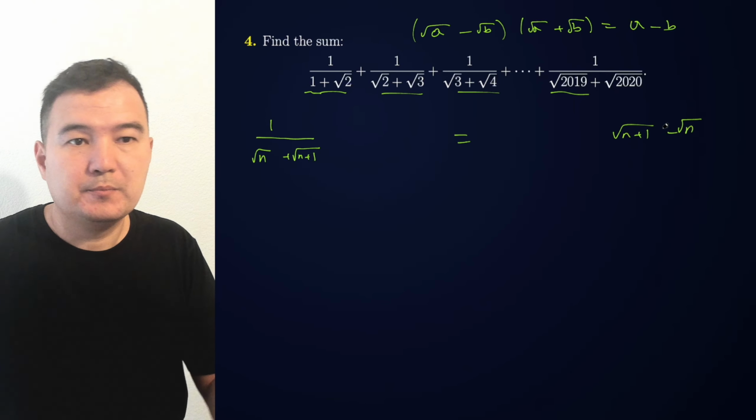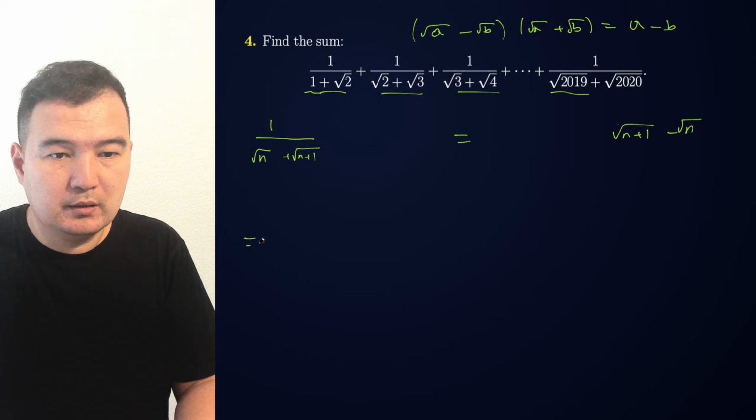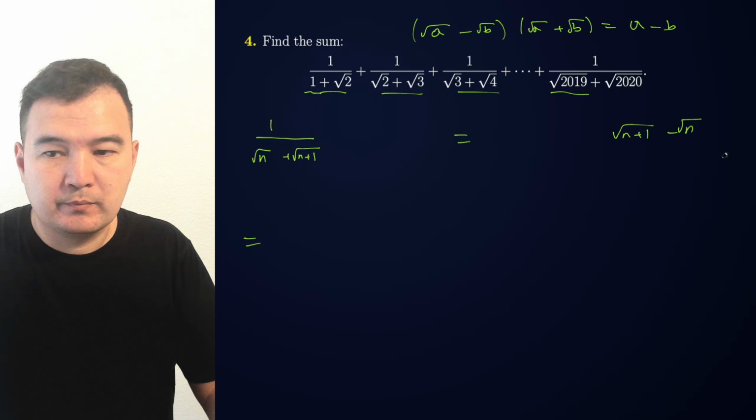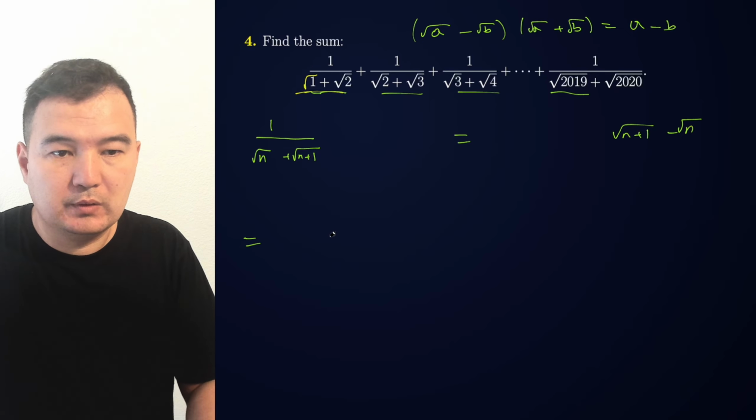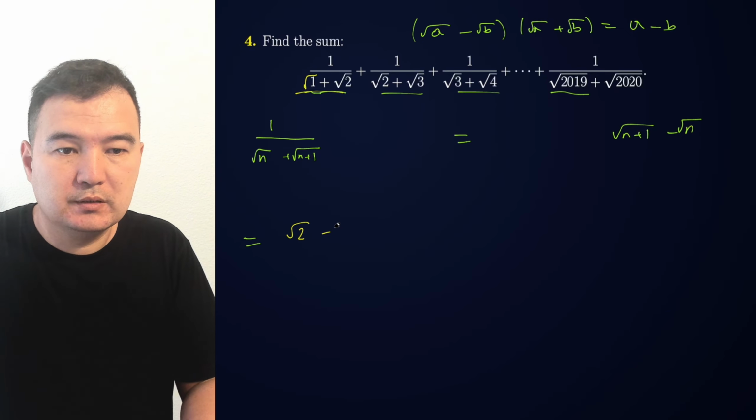I'll use this formula and rewrite my expression as follows. Instead of 1 over 1 plus square root 2, I'm going to write square root 2 minus 1.